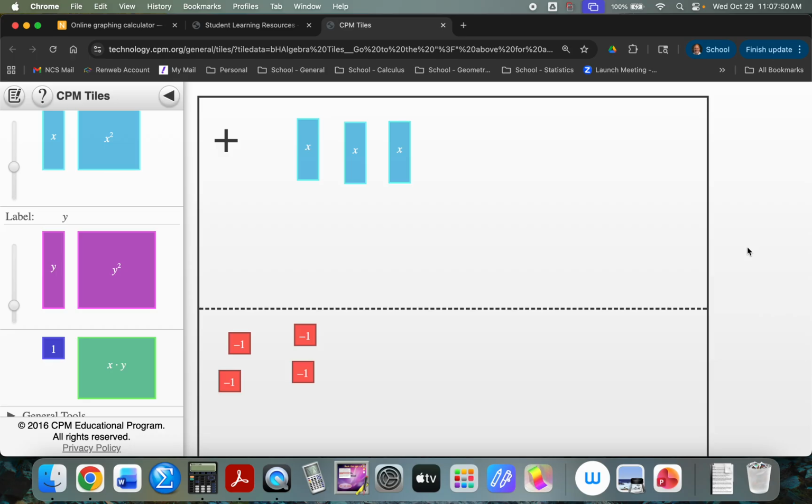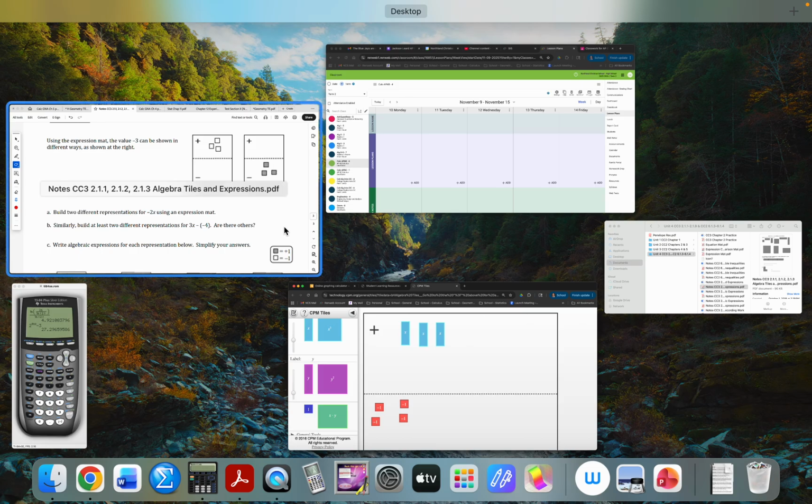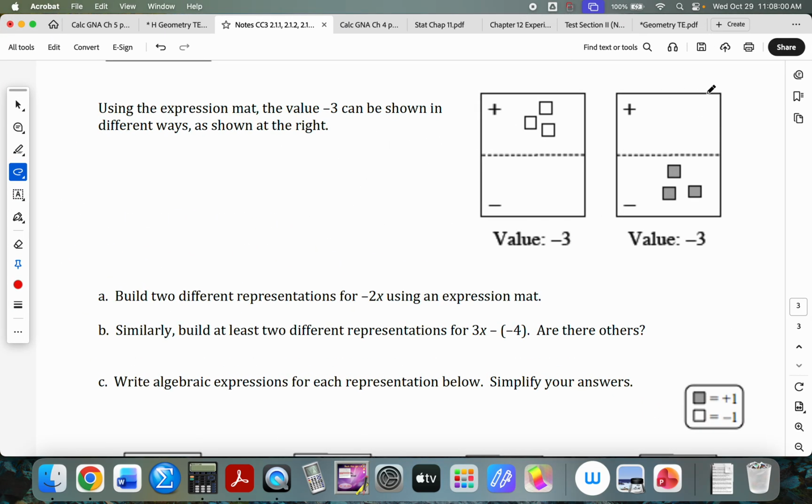So let's talk about a different way that we could do this. I want you to remember, earlier this year when we were adding and subtracting positive and negative numbers, if you had 6 minus negative 4, what is that the same thing as? 6 plus 4.